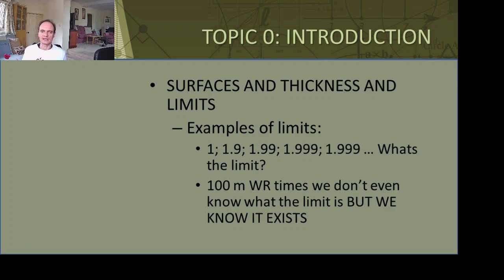Examples of limits. If I give you that succession of ordered numbers, 1, 1.9, 1.99, 1.9999, etc., and I ask you what's the limit, you're going to tell me 2. It's going to be the number 2. So you have clear in your mind the idea of what a limit is. It's something that we are getting close to.